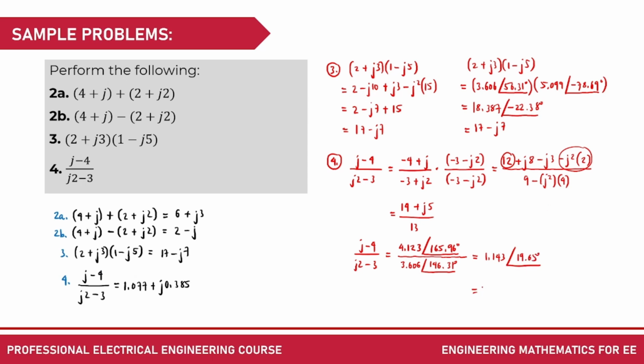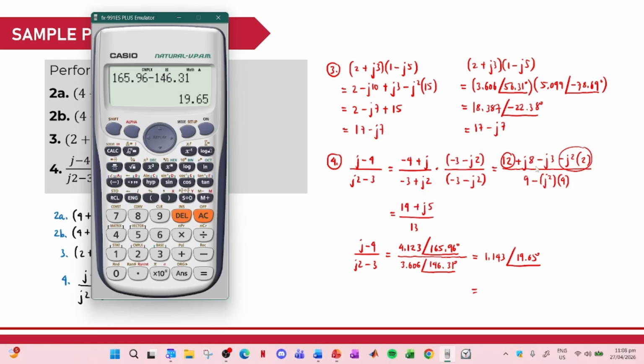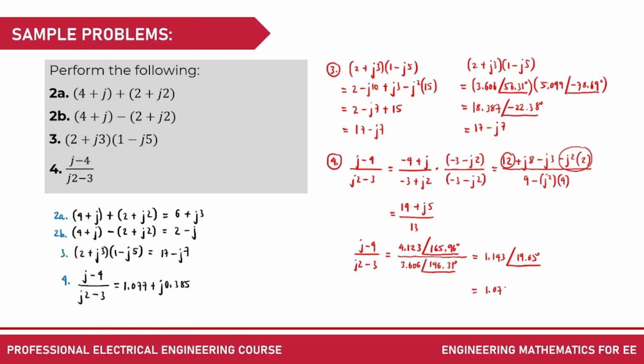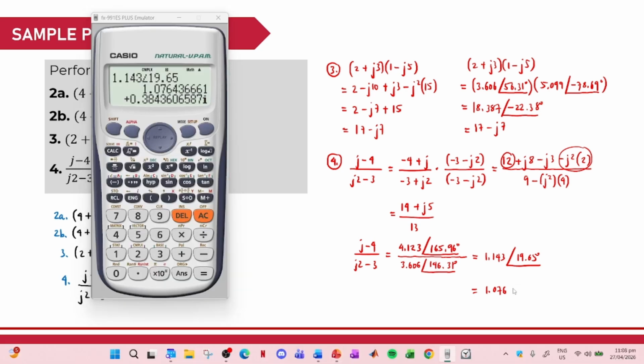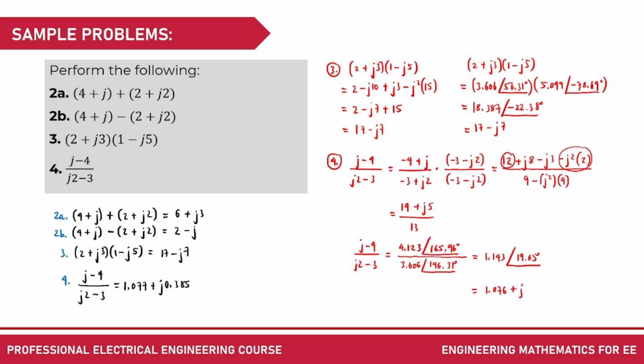Then after that, change this to rectangular form: 1.143 angle 19.65. So it's the same. But since in the process of changing this to polar form we estimated the values, we get 1.076 plus j0.384. It's close, no?